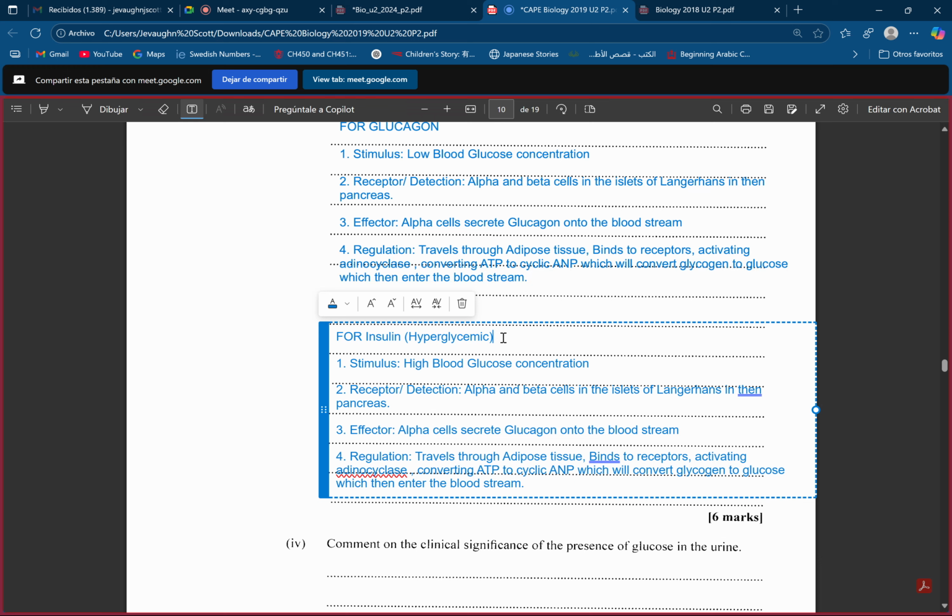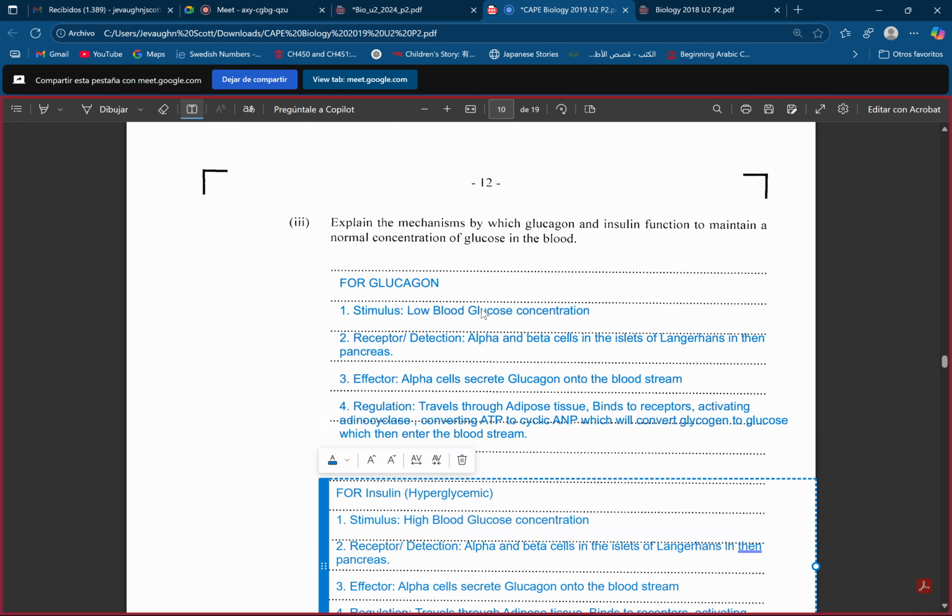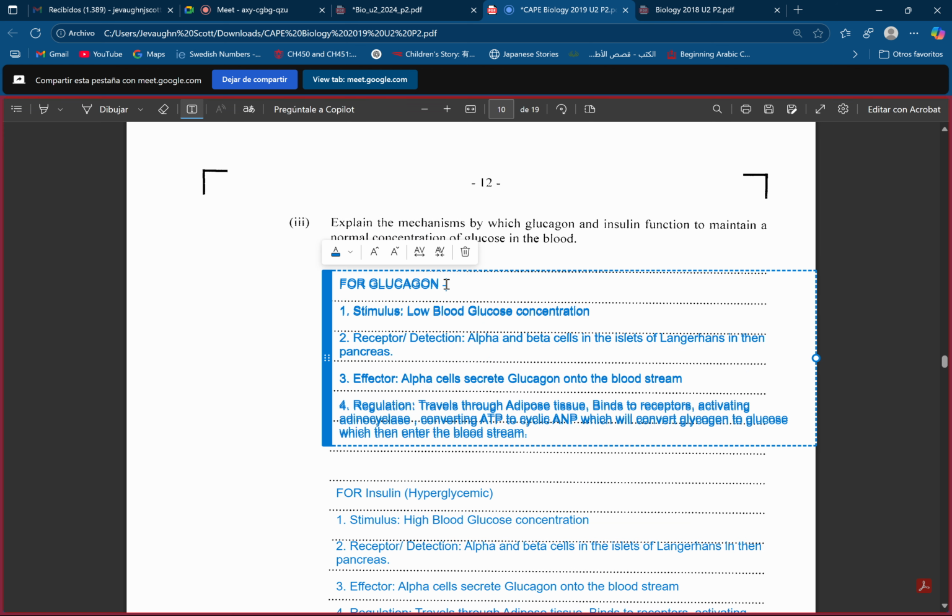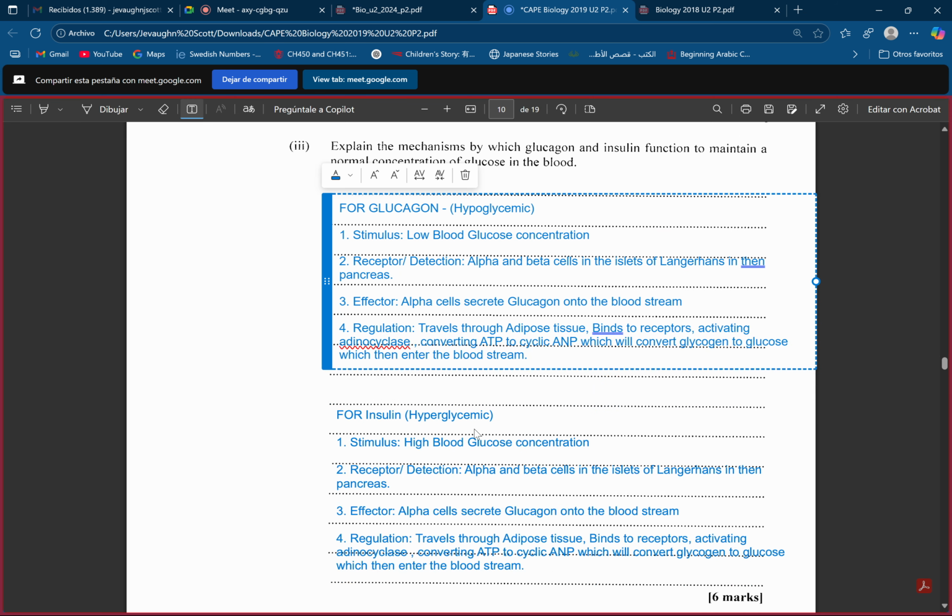So spelling is something that I don't participate in, obviously. Okay, so I have that there. So we're having high blood glucose concentration there.